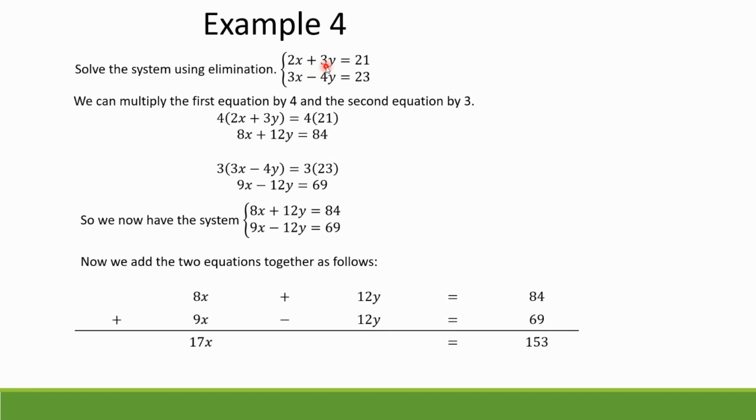However, if I multiply the top equation by a 4 and the bottom equation by 3, the coefficient of y will change to 12, and the coefficient of y here will change to minus 12, which is what I'm doing here.